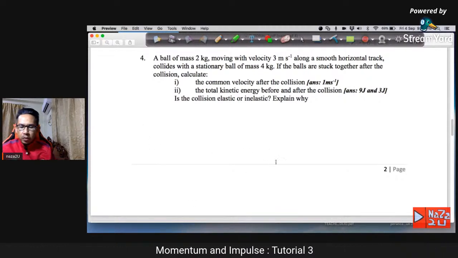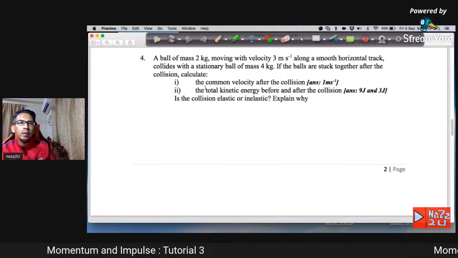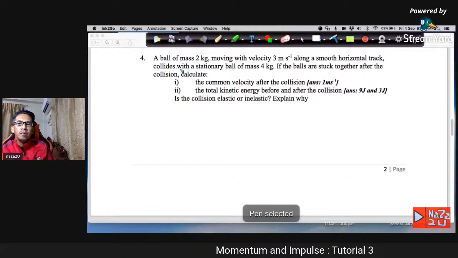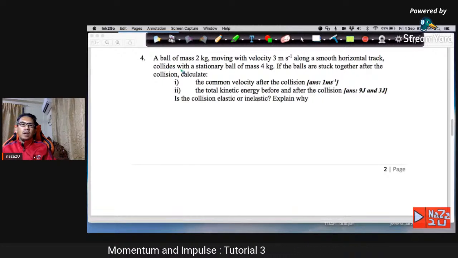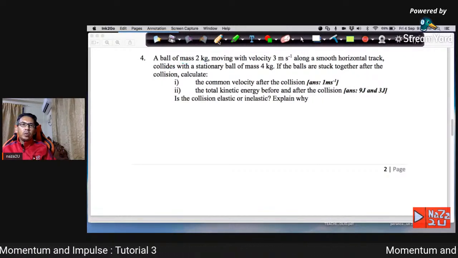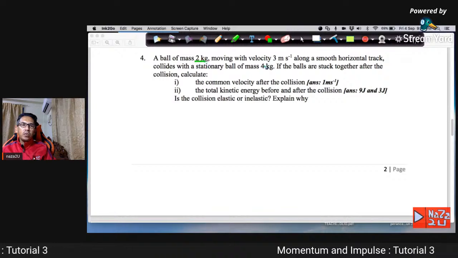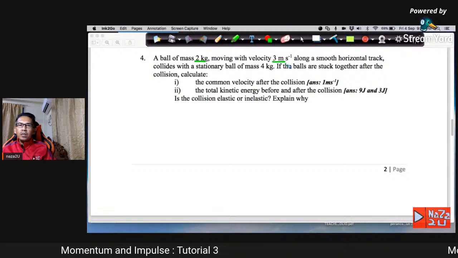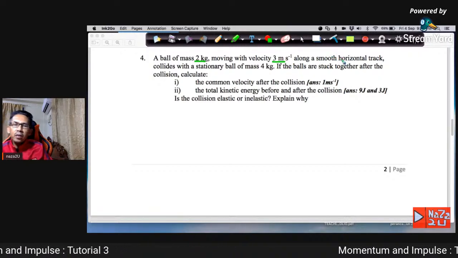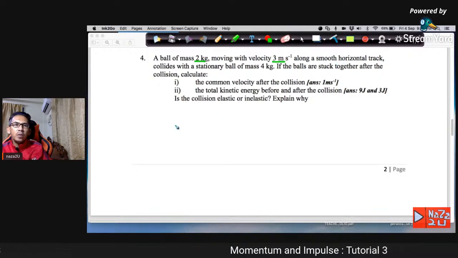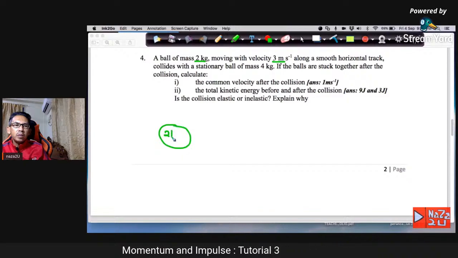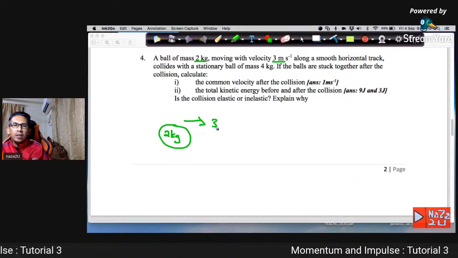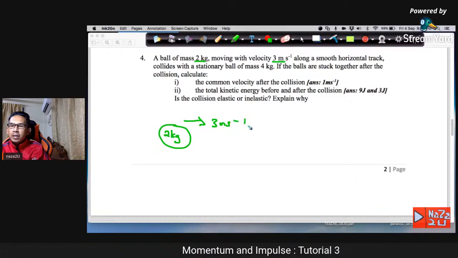Okay, continue to question number 4. A ball of mass 2 kilogram, moving with a velocity 3 meter per second along the smooth horizontal track, right?